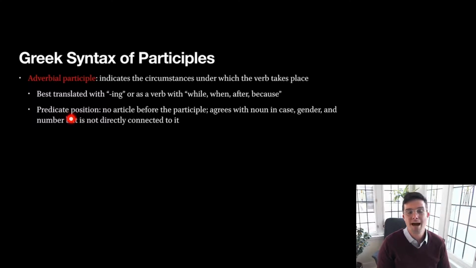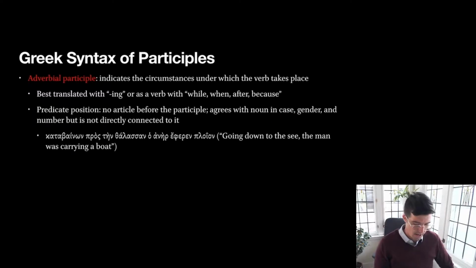You'll remember from adjectives, predicate position means that there is no article before the adjective. When it comes to participles, it's of course before the participle, that there's not going to be any article there. And it's still going to agree with the noun that it goes with in case, gender, and number, but it's not going to be directly connected to it.